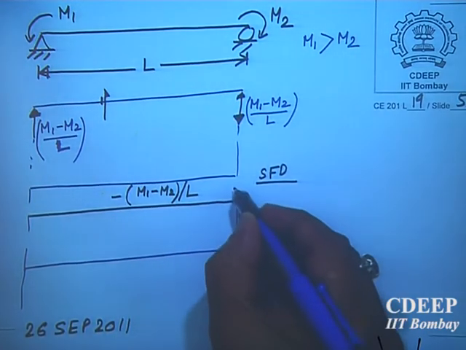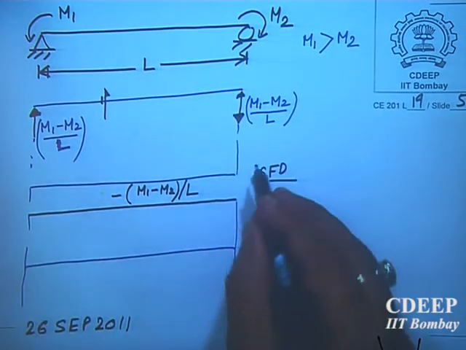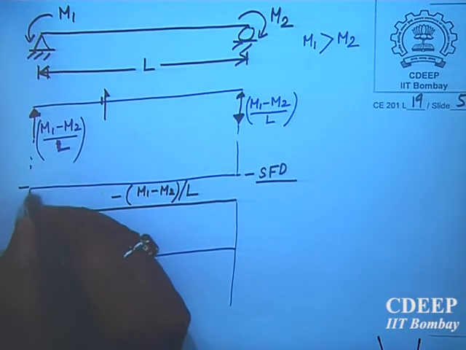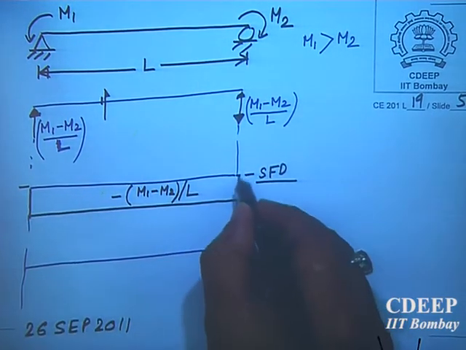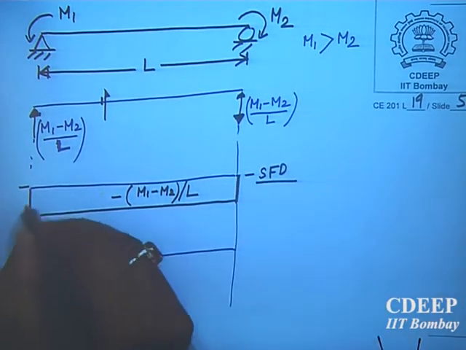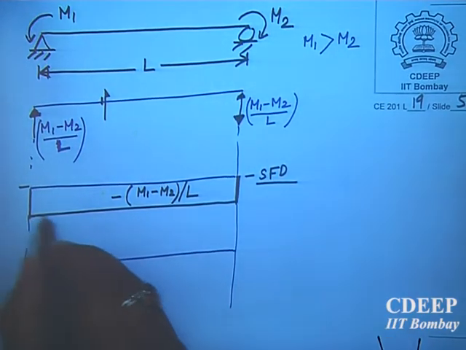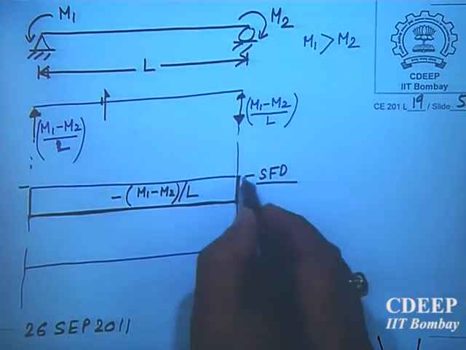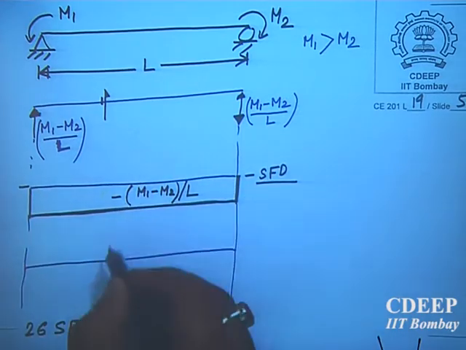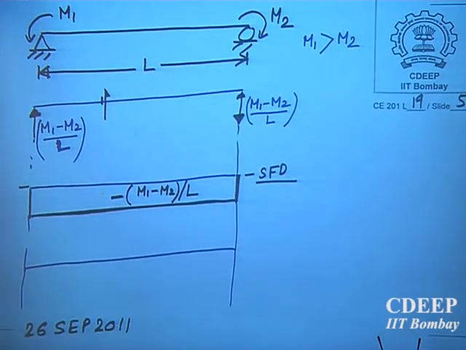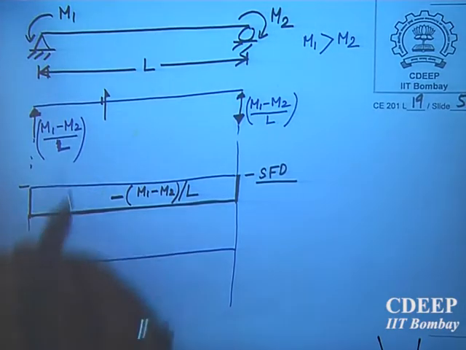Negative means it is coming down. This is the axis. This is my shear force diagram. This is the axis and negative, this one is down. Is it okay?